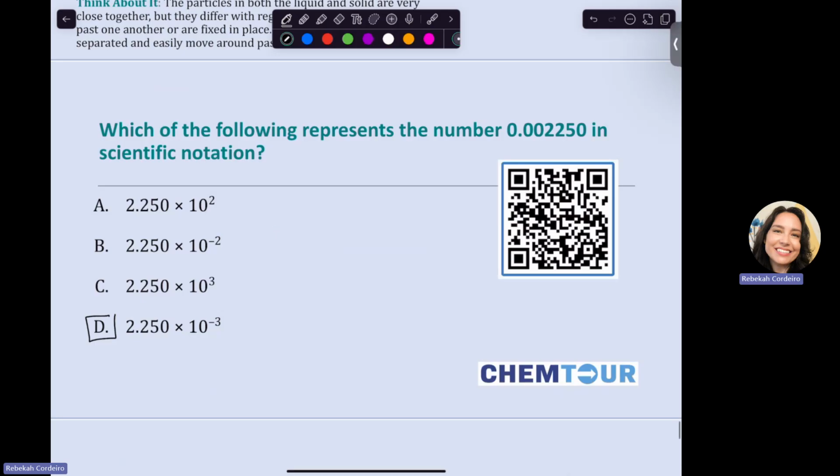First, scientific notation has to be a number 1 through 9 before the decimal, and then times 10 to some n. So you can't have any number greater than 9 before the decimal, and you have to have times 10 to some n. n is how many times we have to move the decimal to get that number 1 through 9.